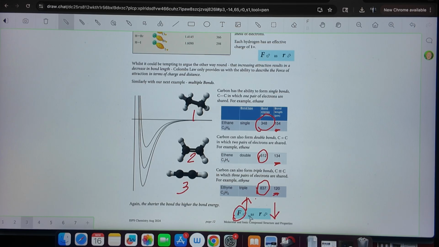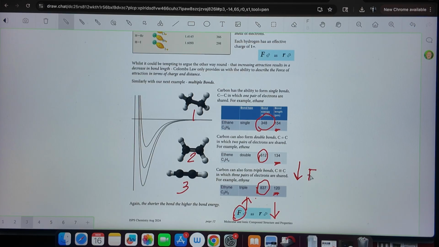So here it says force would go down as the radius would go up. Yes, and so they are inverse. So if you looked at it this way, from bottom up, the attractive force is going down. If your eyes are looking up this way, right?